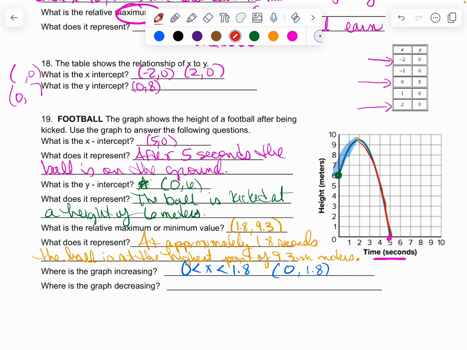Then it's, oops, I meant to do red of the highlighter. Okay? So, when x, I did it again. X is between 1.8-ish and up to 5 seconds. So it's between 1.8 and 5 seconds.